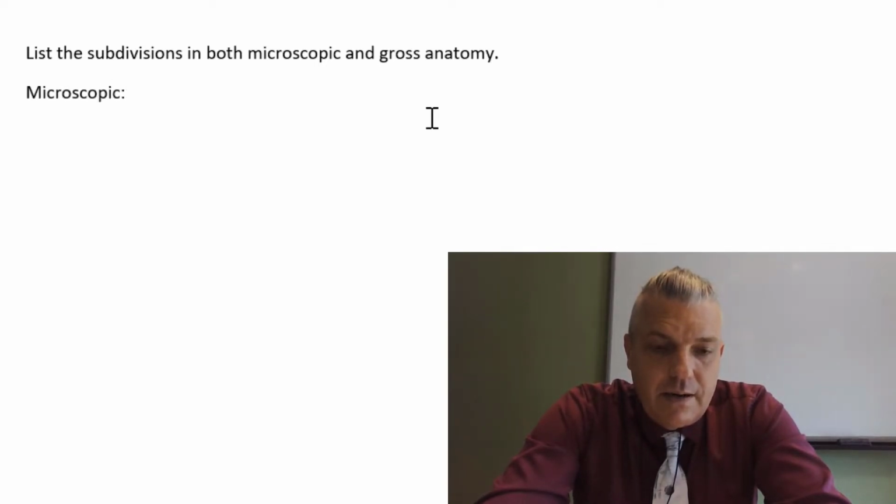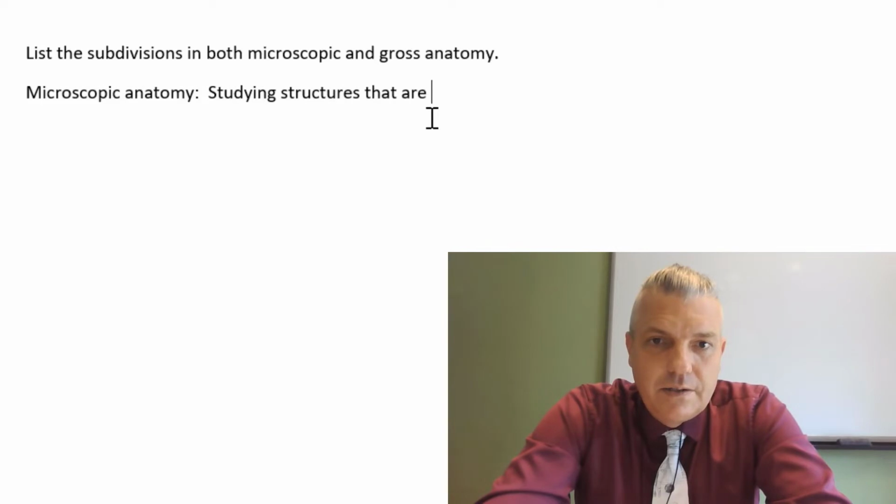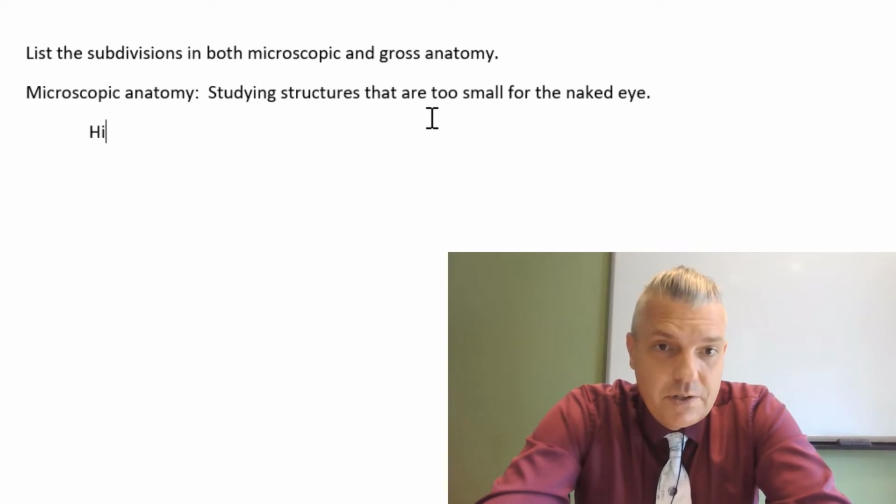Remember, we're in science, we're studying, so in fact, I'm going to put microscopic anatomy: studying structures that are too small for the naked eye. And if I put some subdivisions in here, histology comes to mind first for me.